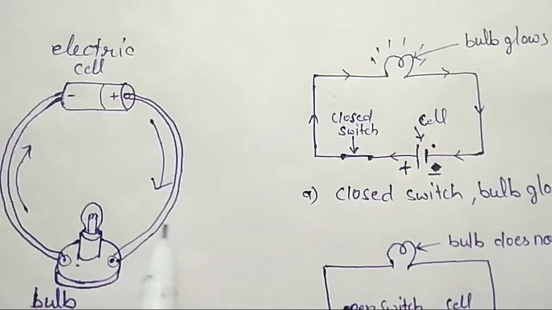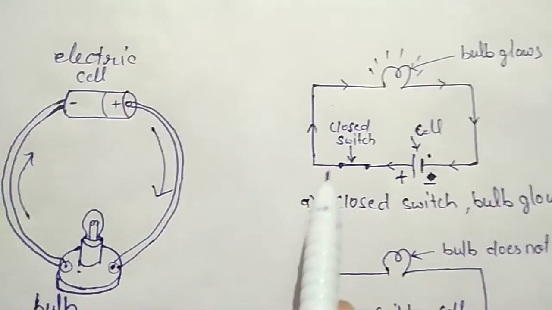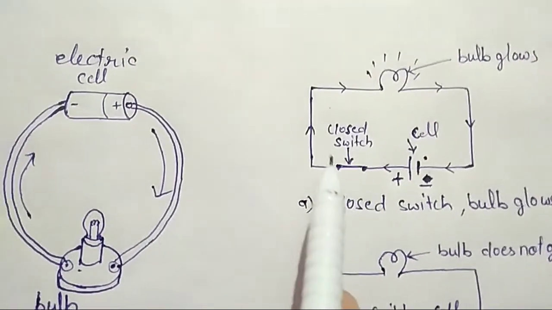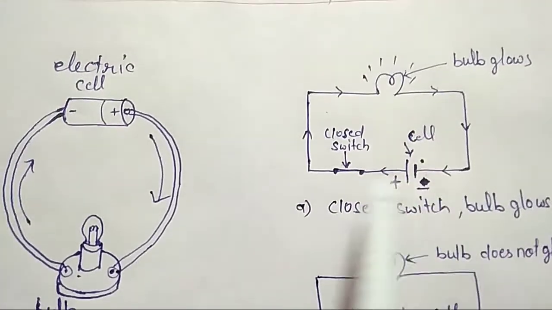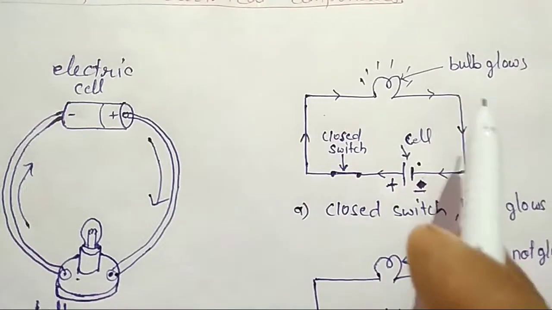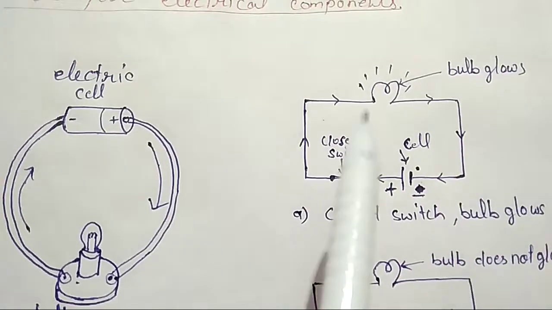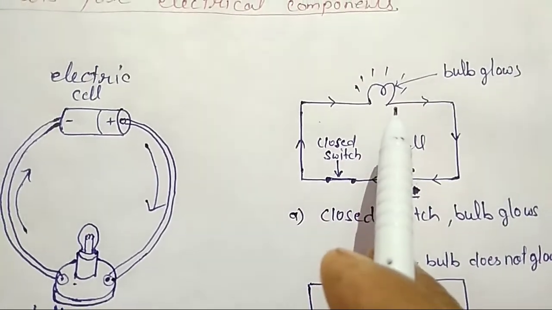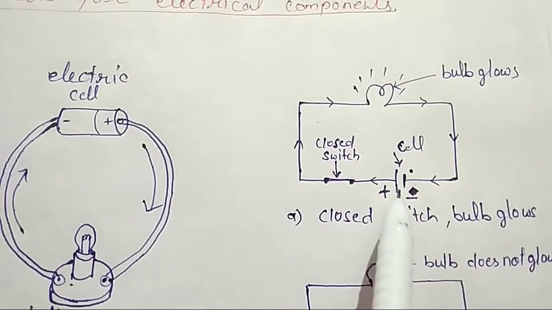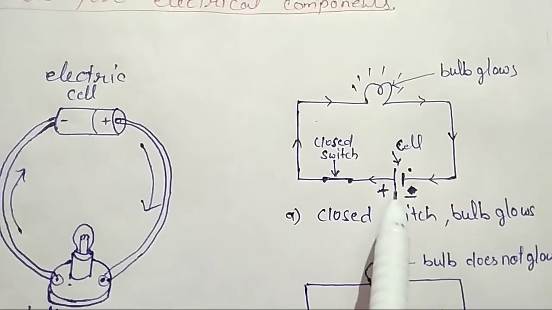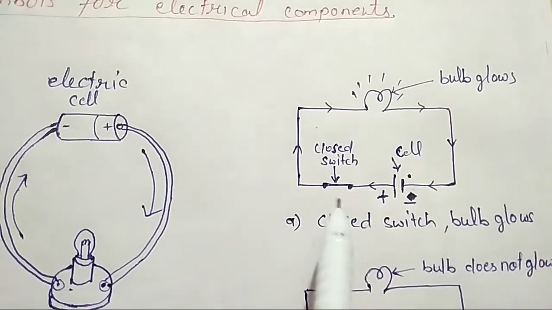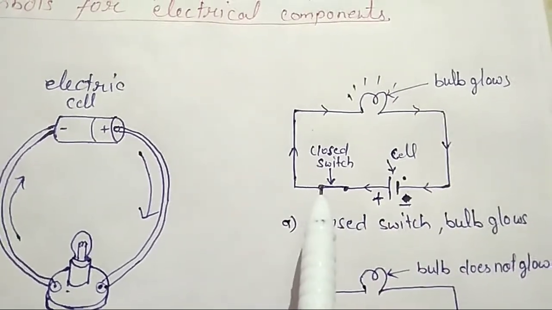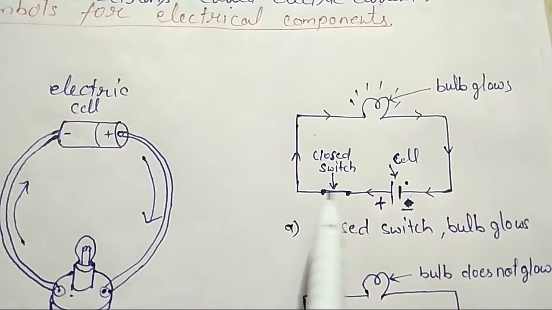This diagram can be shown like this: these lines are showing the wire, and this is the bulb, and this diagram is showing the cell. These two lines are the cell. This is one cell, and these are 2 points. Between these 2 points there is a wire.